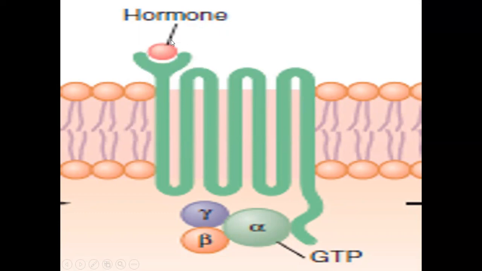So a peptide and protein hormone, for it to generate a physiological effect, being a water-soluble hormone that could not pass through the membrane, binds to cell surface molecules which are embedded in the surface of the cell. So I will discuss this in the next few slides in detail.